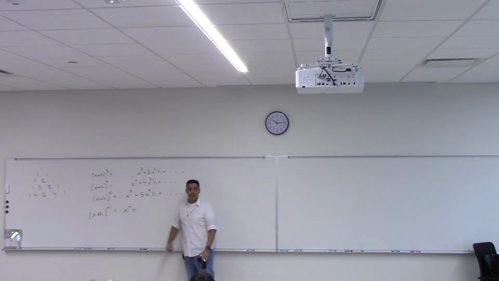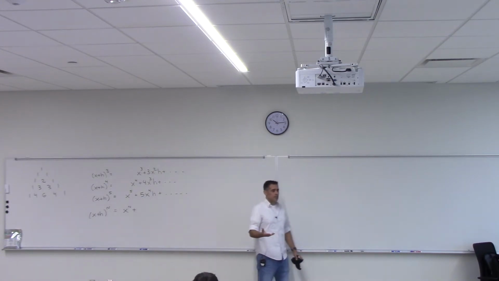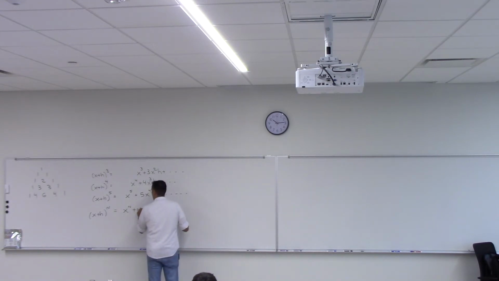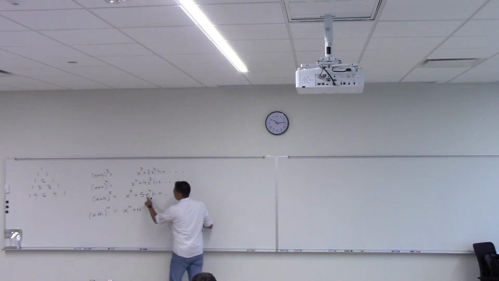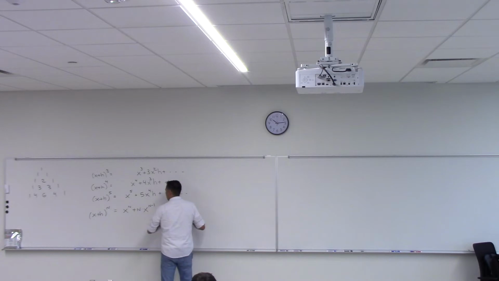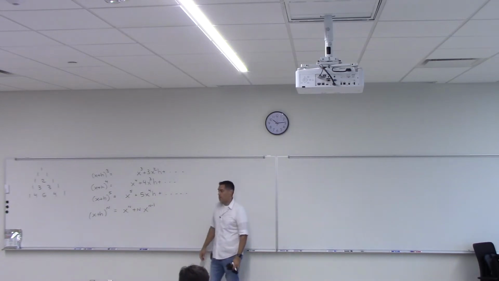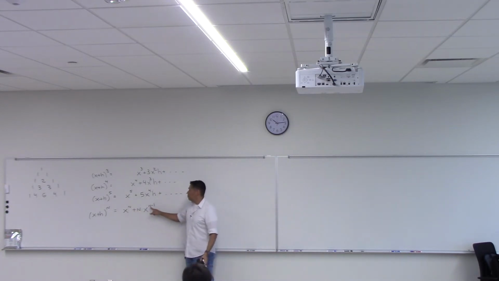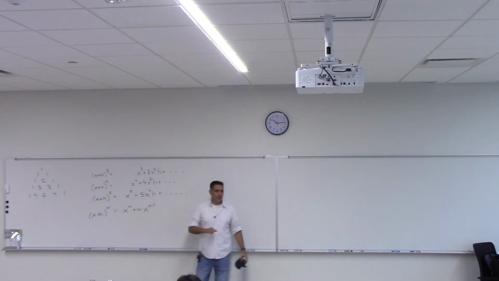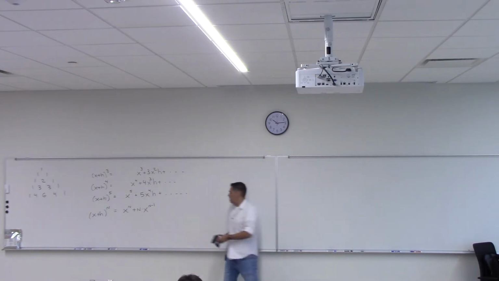This number is always also the power, isn't it? So this should be plus n times x to what power? One less than whatever's here. So x to the n minus 1. Whatever that power is, this one is 1 less than it. And do I have any h's here? Notice in the second term, each one of them picks up an h, doesn't it? So this should also have an h.